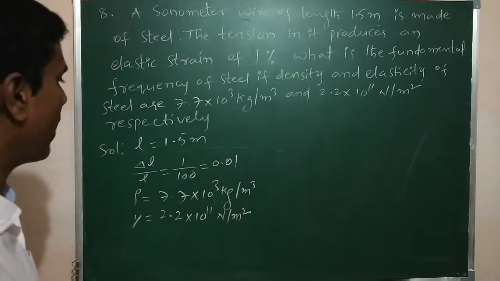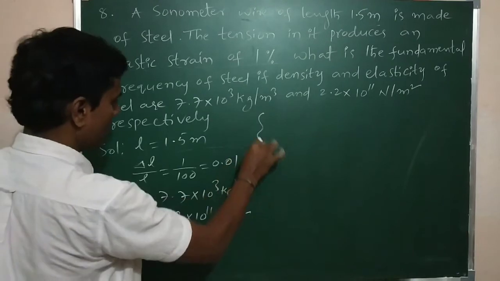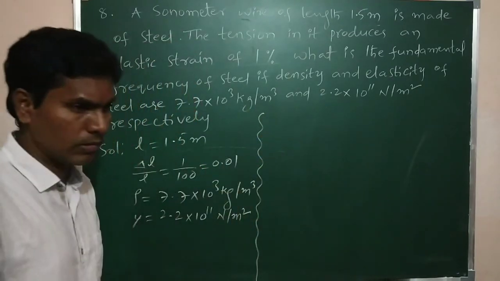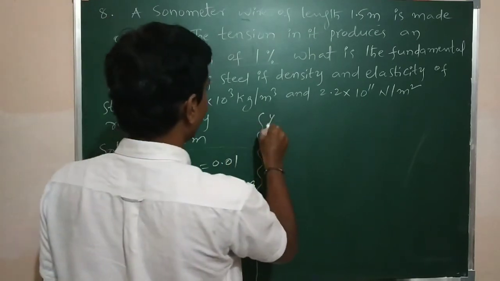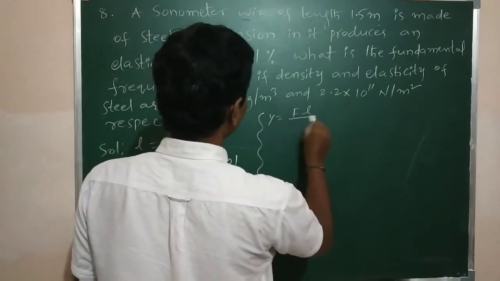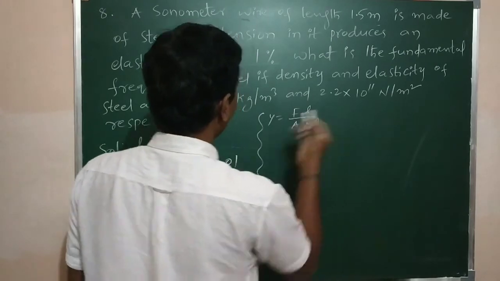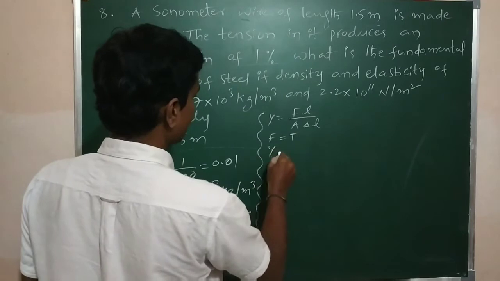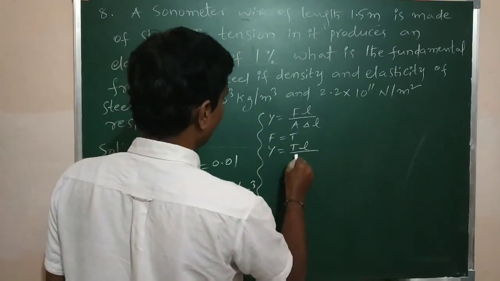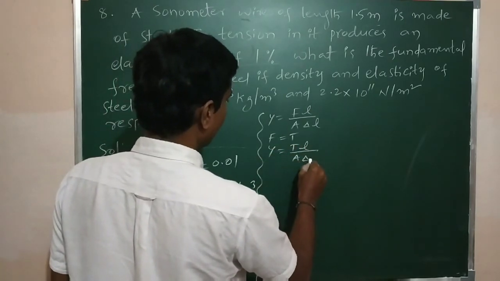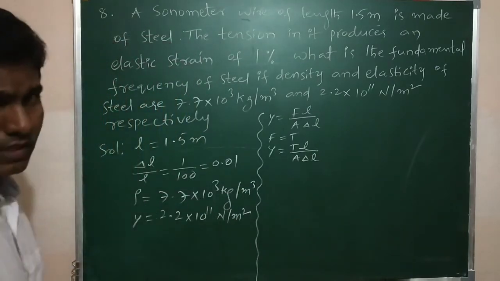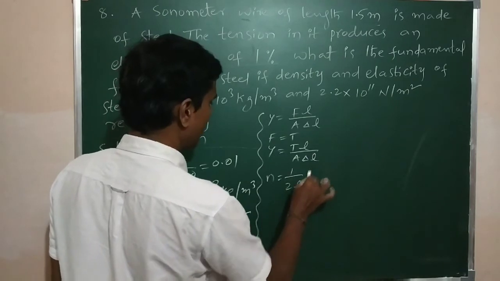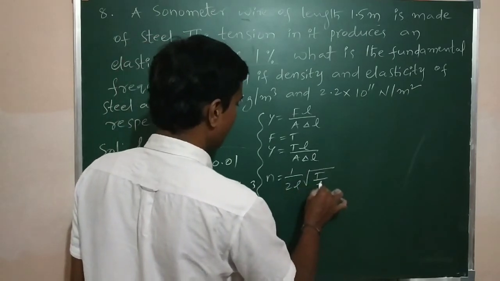Now we know that according to the Young's modulus formula, Y is equal to FL by A delta L. Here F is nothing but the tension force, so Y is equal to TL by A delta L. But we know that the fundamental frequency n is equal to 1 by 2L under root of T by mu.